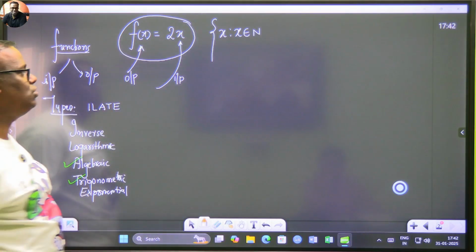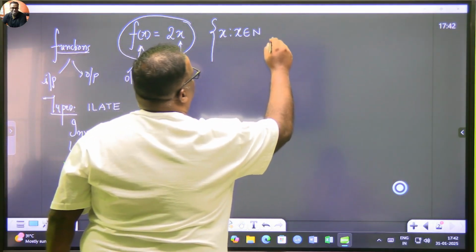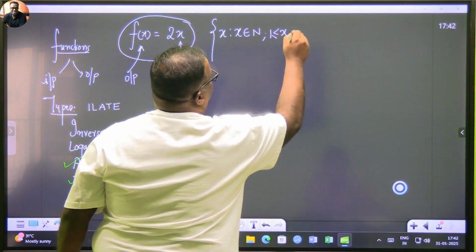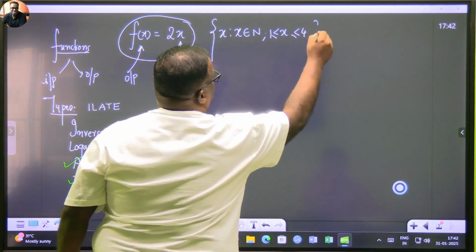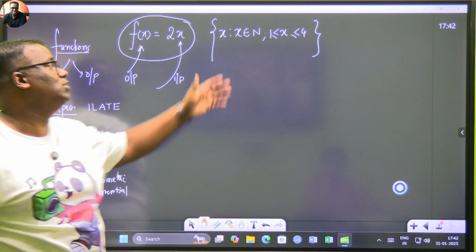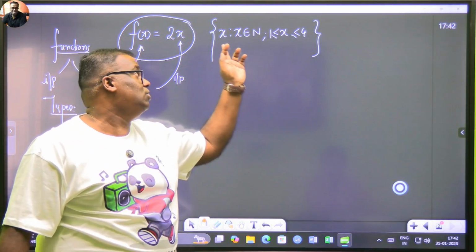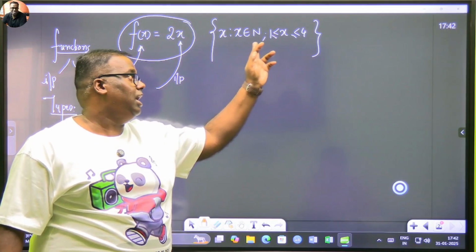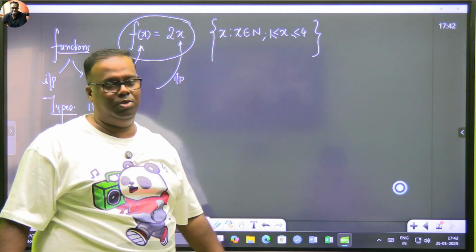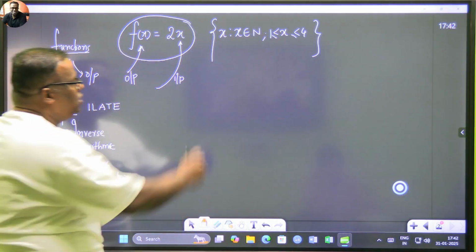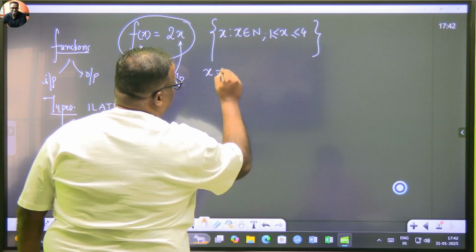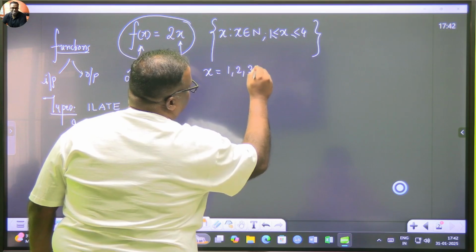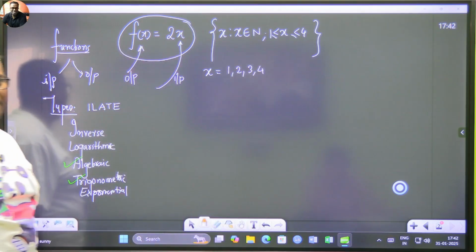Understood? x belongs to the natural number family, and x is greater than or equal to 1 and less than or equal to 4. See, this is how you write in calculus mathematics, instead of writing a lot of English words. x such that x belongs to N, and this is what I have defined where x should be. It means x can take the values 1, 2, 3, and 4. Have you understood this? Right?